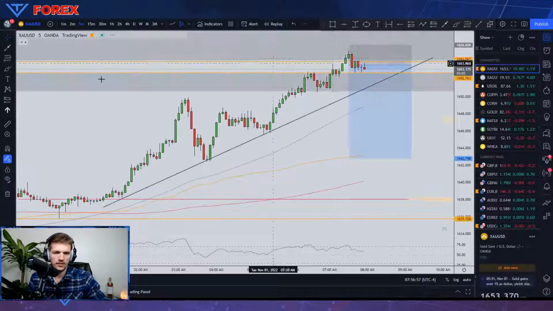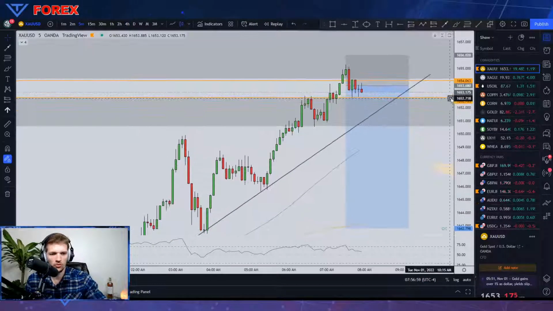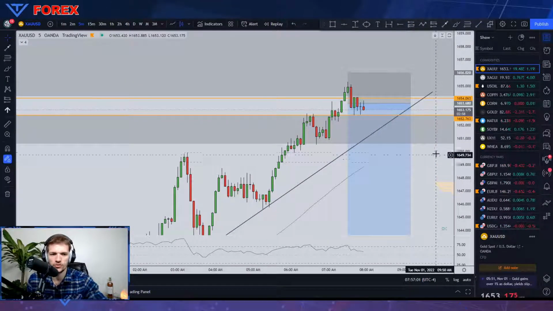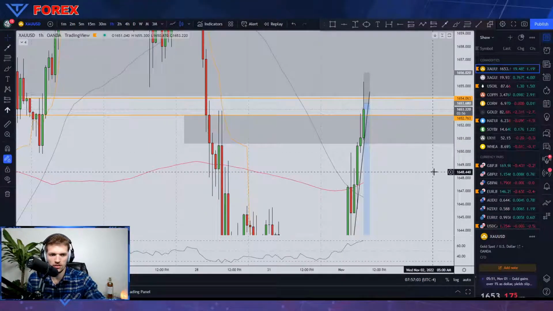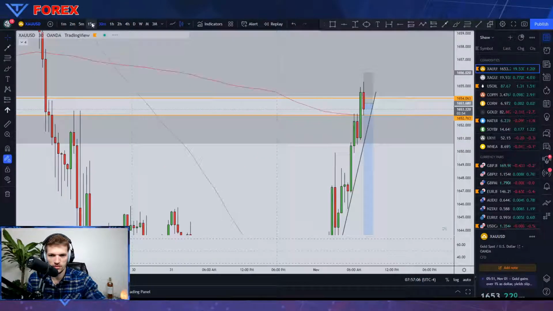All right. Gold, 5 minutes, still trying to reject this area here. Hourly close is coming in 30 minutes.